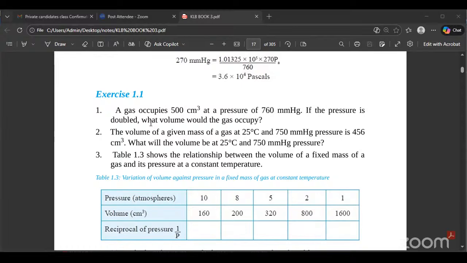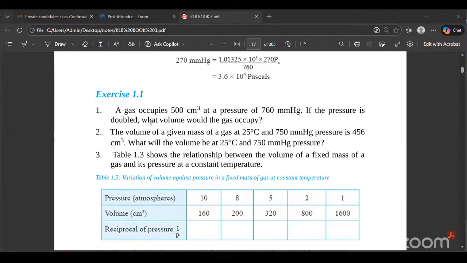We said in the gas laws, we have 3 main laws: Boyle's law, Charles' law, and Graham's law of diffusion. Now, there's something that I've left out because it is never stated, but it is Boyle's and Charles' law combined. That's why it is called combined gas laws. We never stated it, but we have a calculation for it.